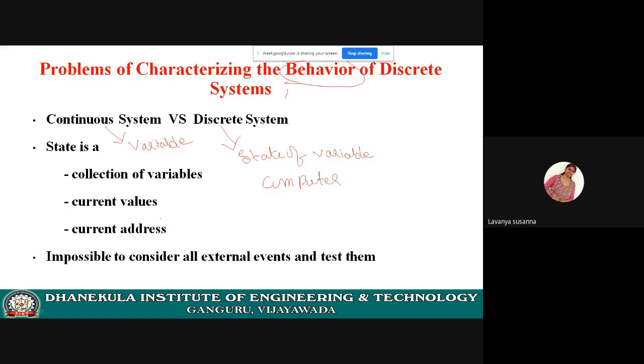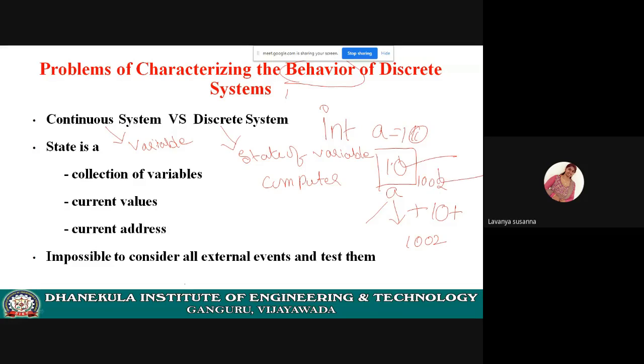What is meant by state? For example, I am taking int a equal to 10. What is this a? A is a variable, the name of a memory location which contains values, and this memory location will have some address, right? So what is the state of a variable? State means the variable plus its value plus its address, say 1000.